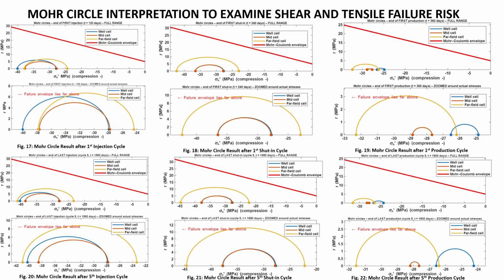However, these Mohr circles only show stress states at 3 special cells. To really understand the spatial distribution of stress and strain, and how deformation evolves cell by cell across the 3D reservoir, we will now look at the full spatial stress and strain column maps on the next slide.